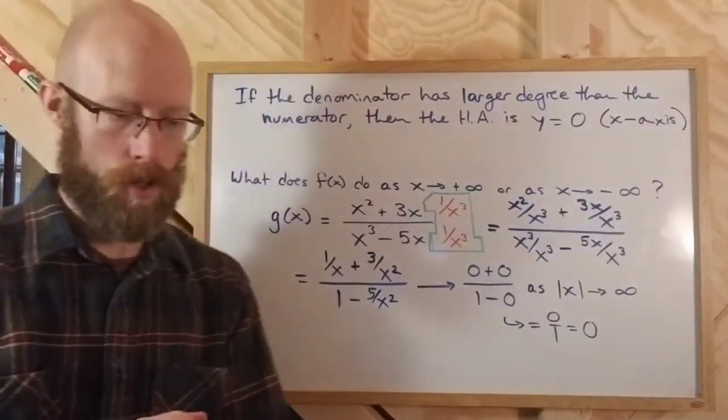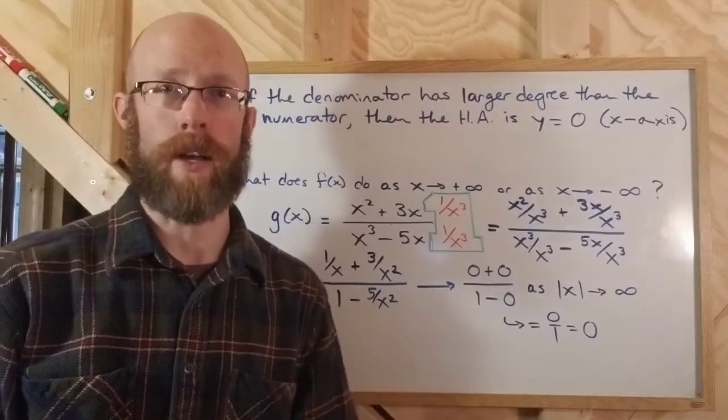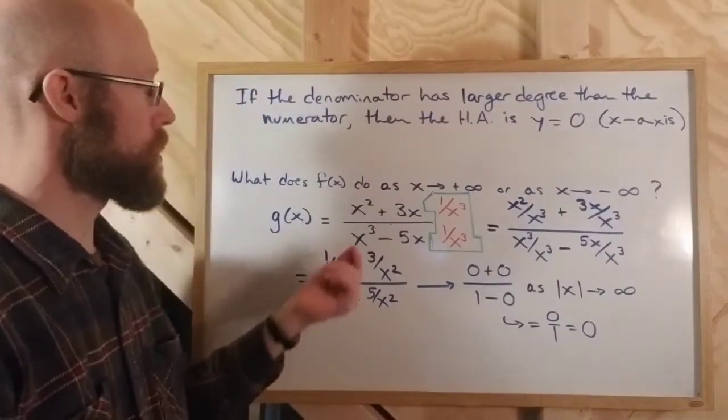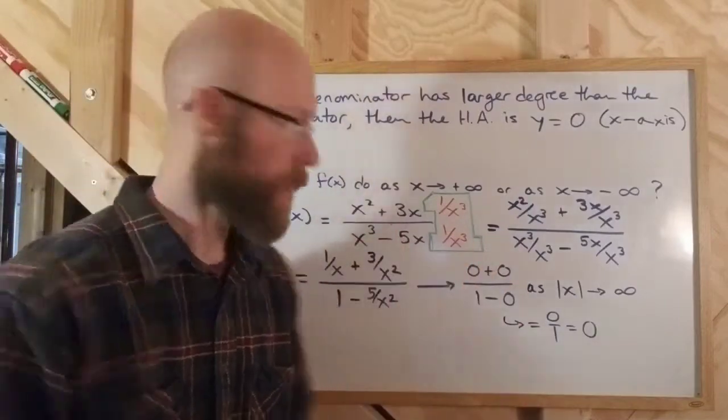Okay? It will always be the x-axis, which is the equation y equals 0. Okay, whenever the denominator has the bigger degree.